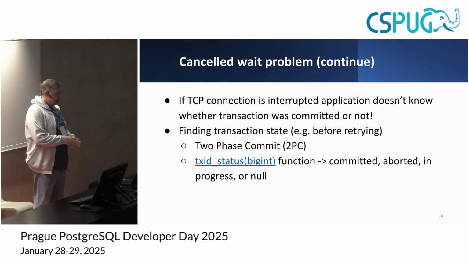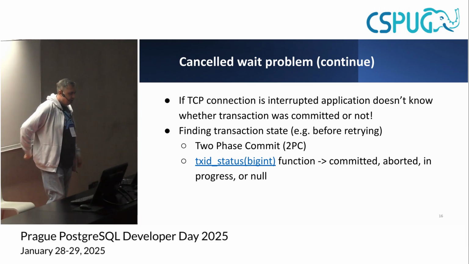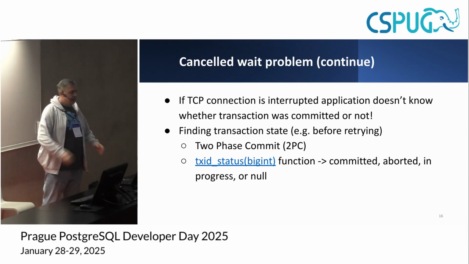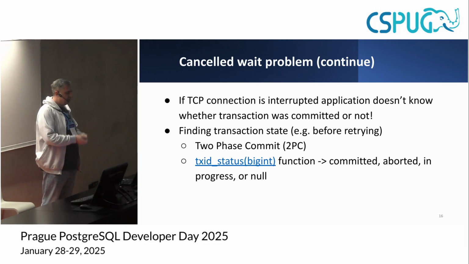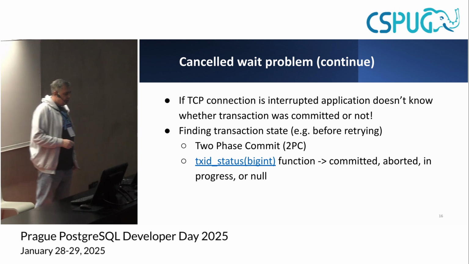So let's imagine that our application did not cancel the query actively, but just the TCP connection got interrupted. The application should be built in a way that before retrying, it is supposed to check the state of the transaction before continuing to work.